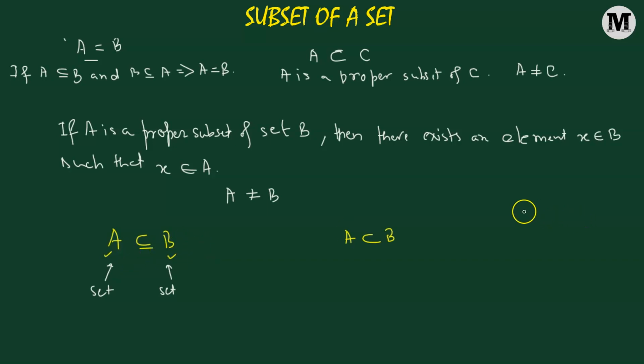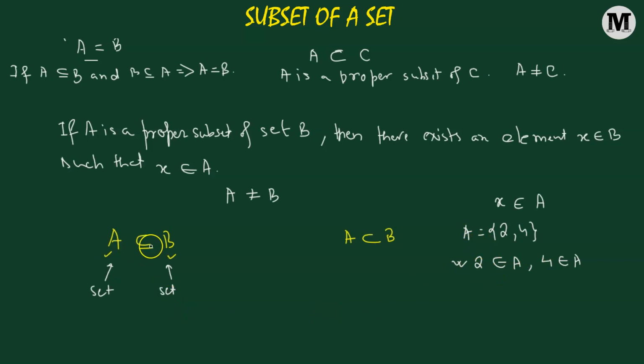Meaning, remember when we discussed the symbol belongs to or does not belong to, we consider that we have an element x that belongs to some set A. Or if we consider the number 2, let's say A has the elements 2, 4, then we can say that 2 belongs to the set A and we can say that 4 belongs to the set A. So there's a proper way of writing the symbols.